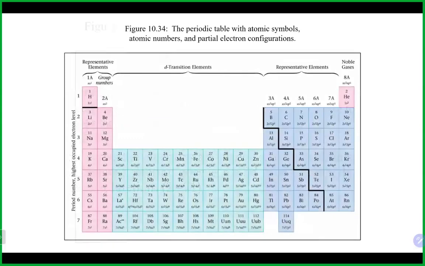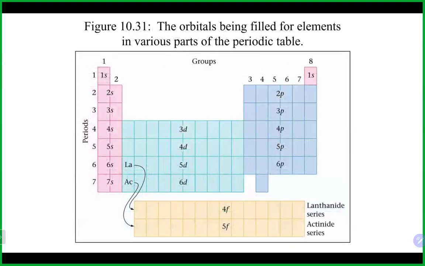So let's talk a little bit about the periodic table and the electron configuration. If you know what you're doing, you can use the periodic table and actually count off electron configuration. There are 7 periods. Those periods are the n numbers, like n equals 1, n equals 2, and so forth. The first 2 groups are the s block, and s can hold 2 electrons.